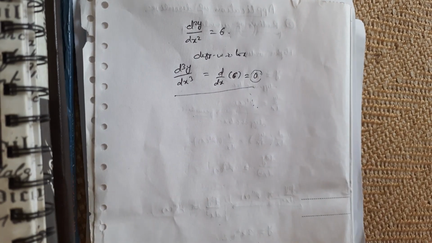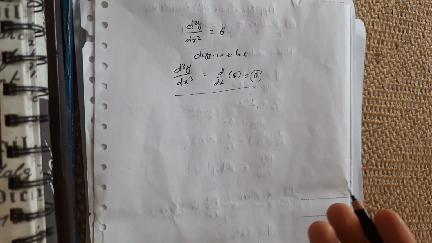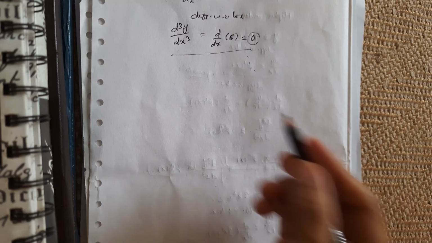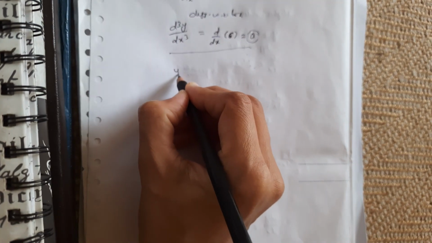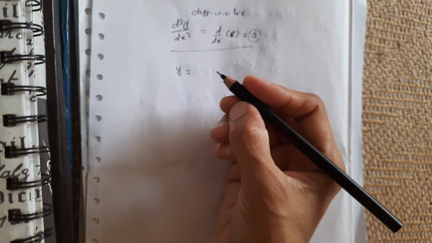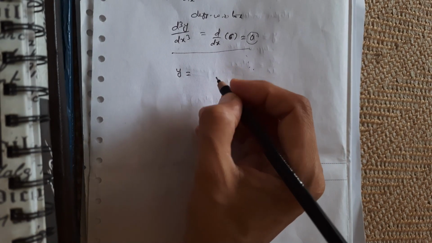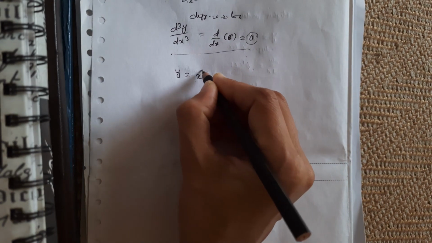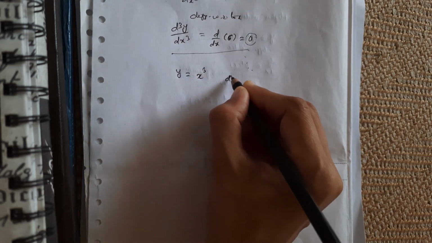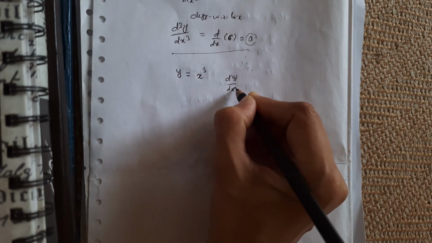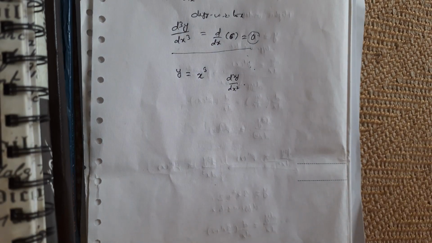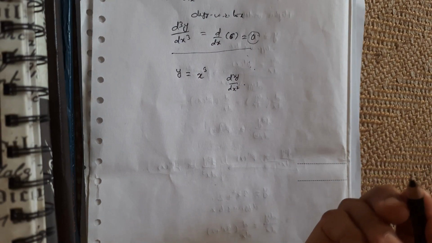So that's how we find out higher order derivative. Just try a few examples, see if you are able to find it. Pause the video here and try to solve this example: find d2y by dx square for x cube. I hope you pause this and try it out.